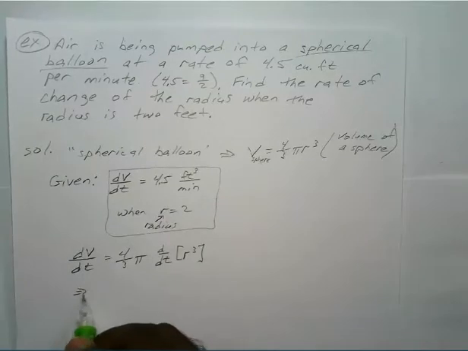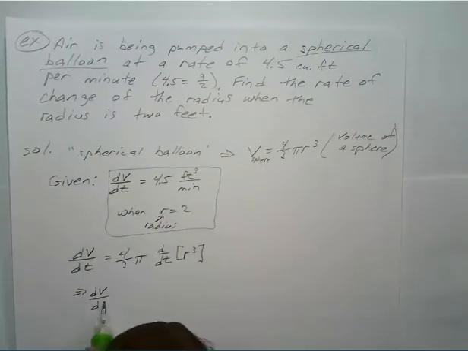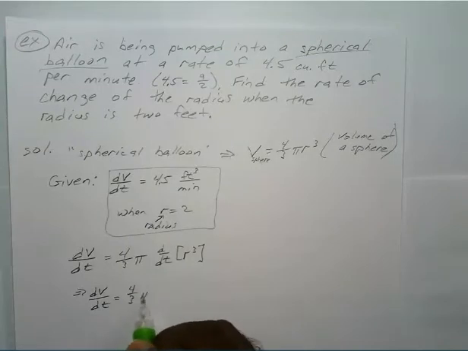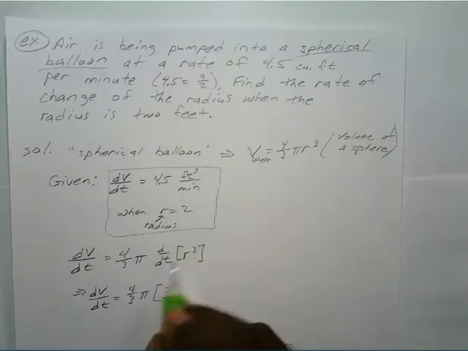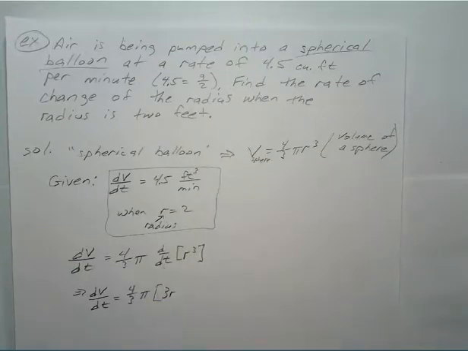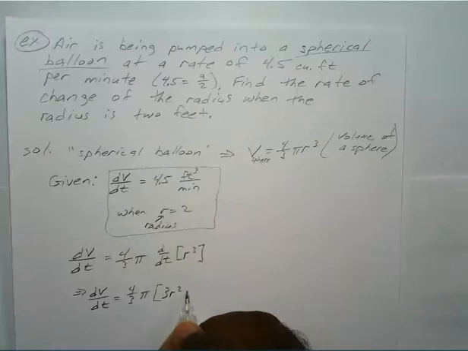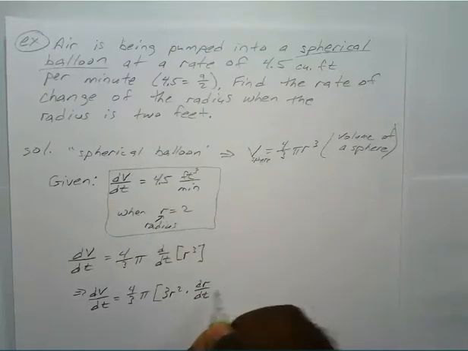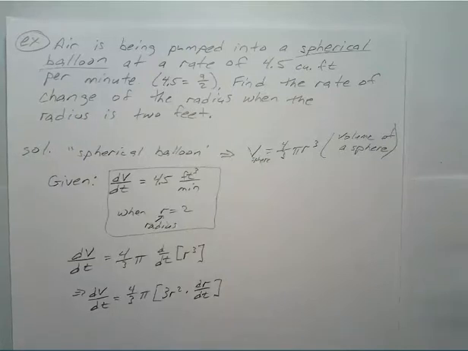Okay, so that means the derivative of the volume with respect to time is going to equal 4/3 pi times the derivative of r to the third power with respect to time, which is 3r squared times the derivative of r with respect to time. Again, using our chain rule.